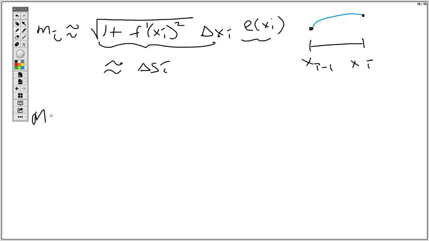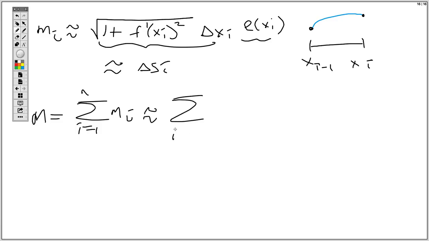And so the total mass would be the sum of all these little masses, which is approximately equal to, and we'll put the rho of x i first to make sure it's outside the radical.